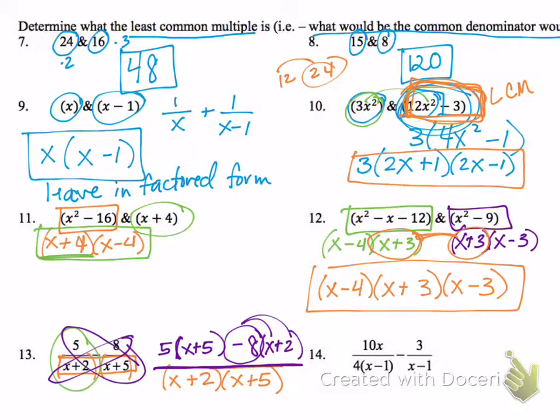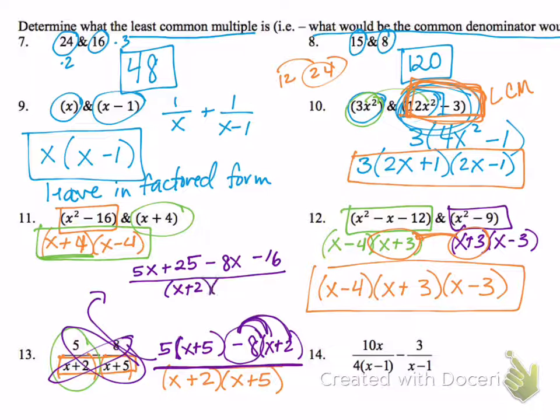All right, so then I'm going to simplify this by multiplying it out. And I'm going to come up here because I kind of ran out of room. If I distribute the top, I'm left with 5x plus 25 minus 8x minus 16, and I got the minus 16 by FOILing out the negative 8, all over x plus 2, x plus 5.